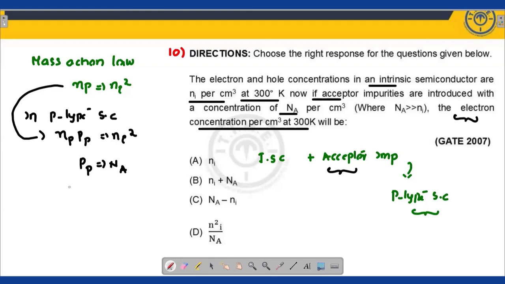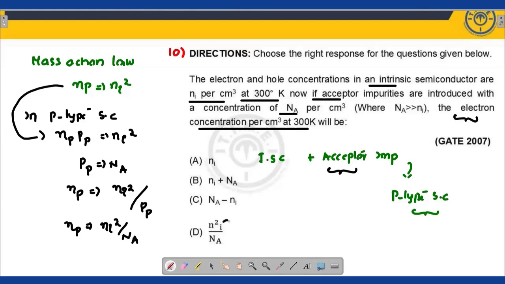So here, n is equal to Ni square divided by p_p. What is p_p? It is Na. So n is equal to Ni square divided by Na. What is the option here?